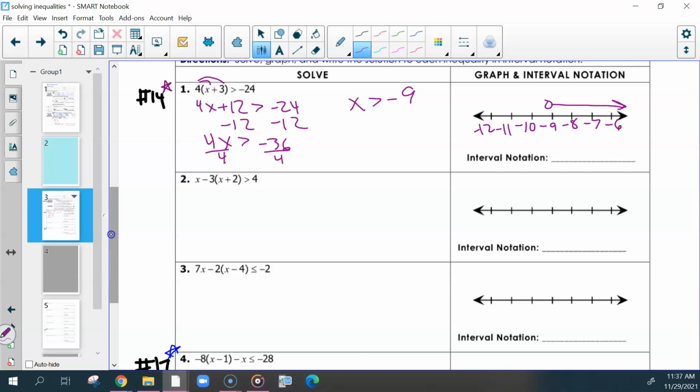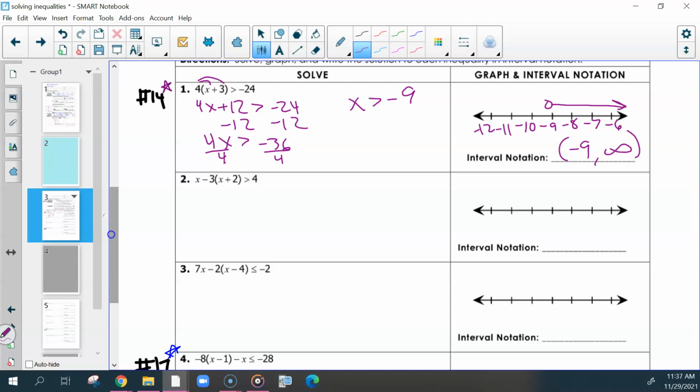So when we write this in interval notation, we're looking at the number we start at, which would be -9. -9 has an open circle, or we're using a strictly greater than, so we're going to use a parenthesis at -9. And this keeps going all the way to the right to infinity and beyond, so this would be to infinity.